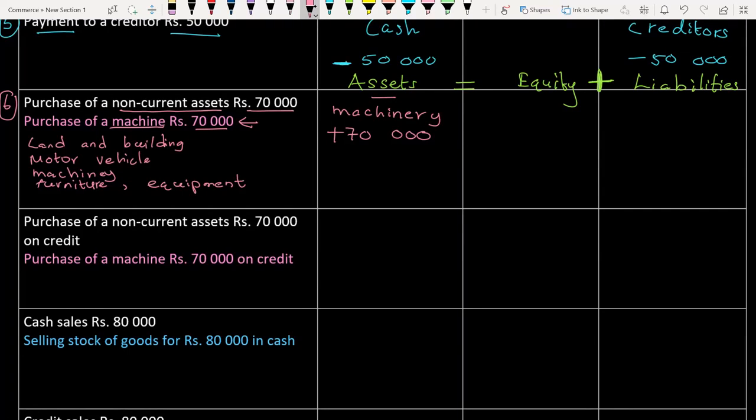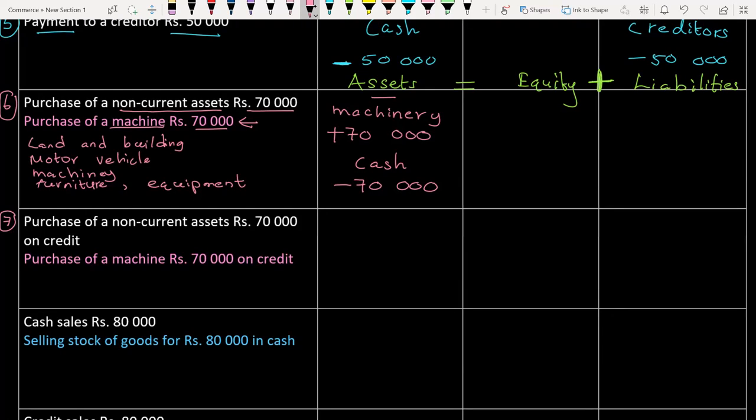So once again, the assets of the business will decrease by 70,000. So what is this asset item? It's cash. There is no change to equity or even liabilities. Only assets change. One of the assets increases, and on the other hand, another asset decreases.